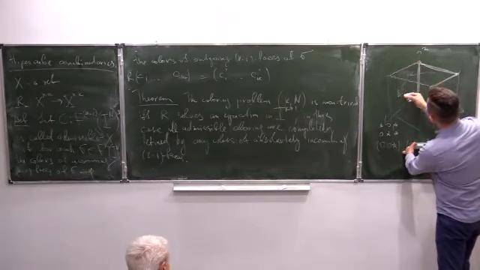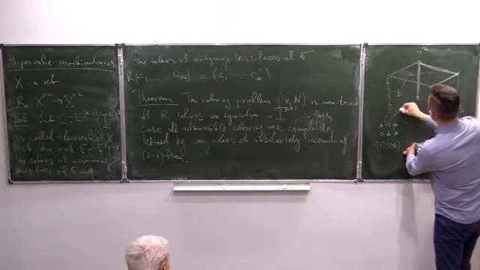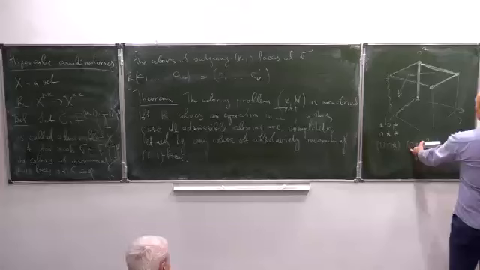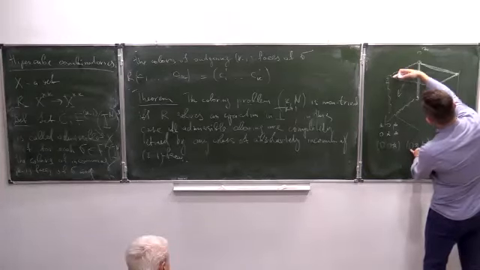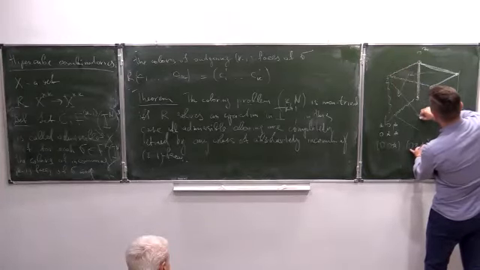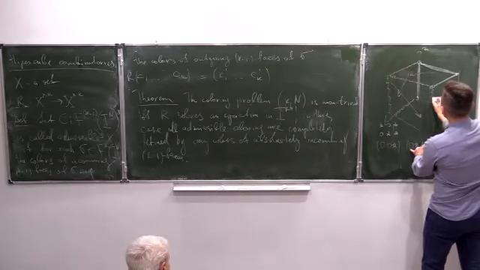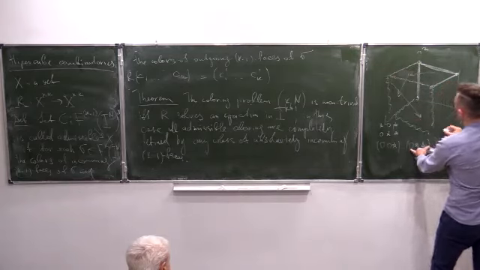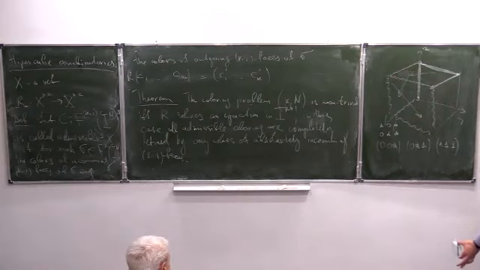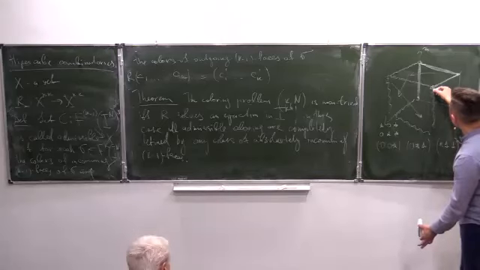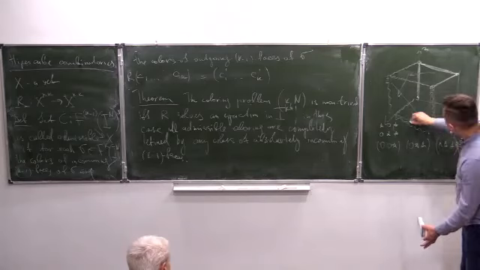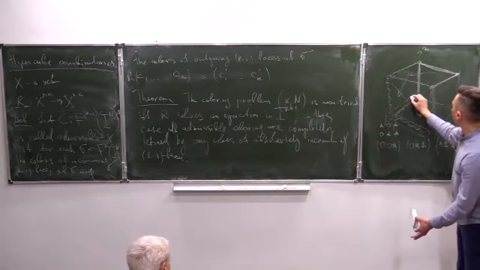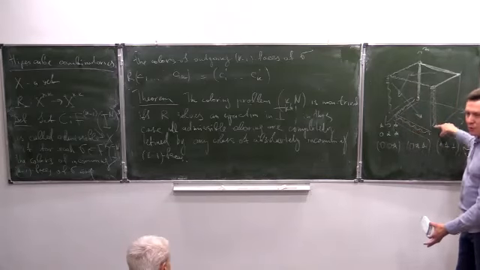Then we color this and this. And the last one is... By this process, we obtain the colors of absolutely outgoing edges.